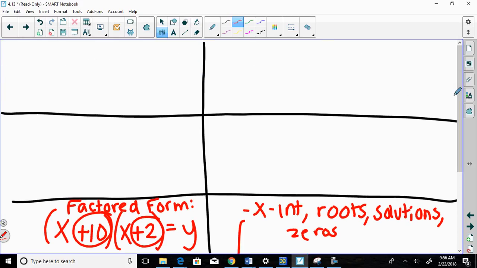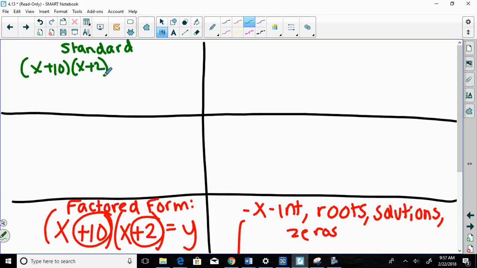Okay, I'm going to go up here. This is standard form. How would I go from factors like this to standard form? We learned 3 different ways. What 3 ways did we learn to go from factored to standard form? Box method. What else? Distributive property and FOIL.